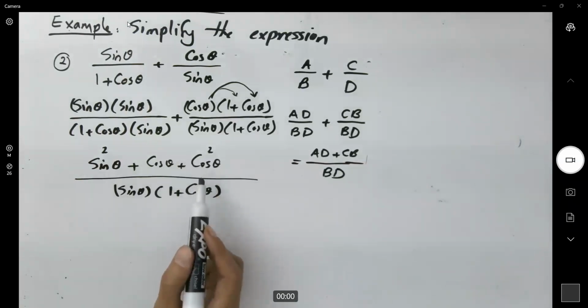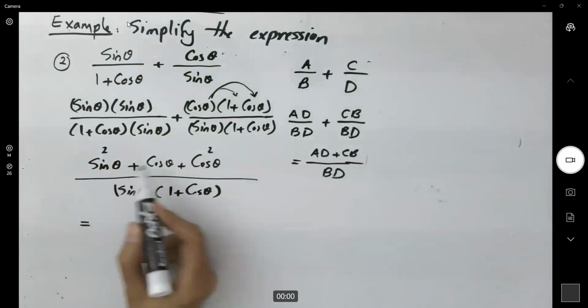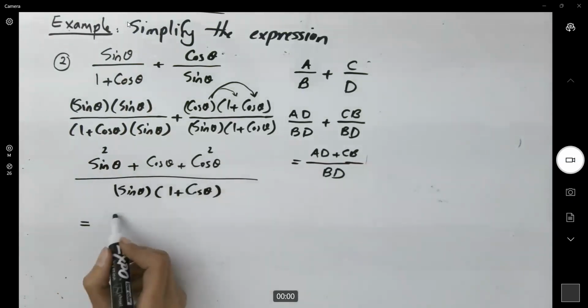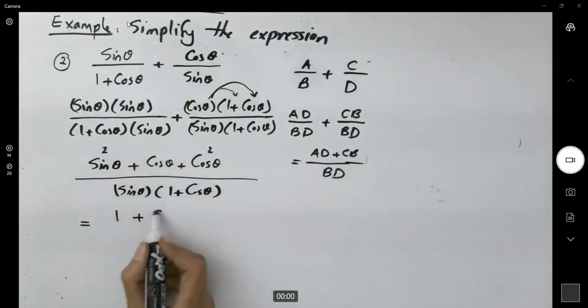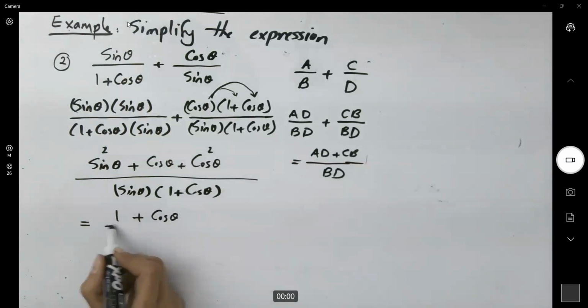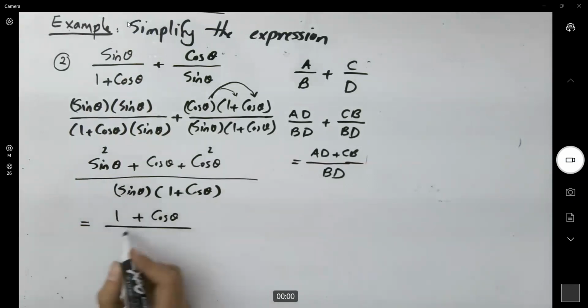This is nothing but 1. So let me write it down. Sine squared plus cosine squared is 1 plus cosine is left here, cosine of theta, divided by, copy down your denominator. Nothing is changing in your denominator. Sine theta, 1 plus cosine theta.